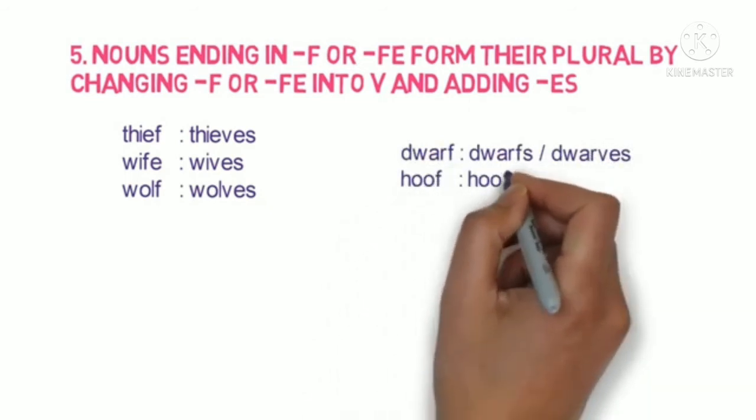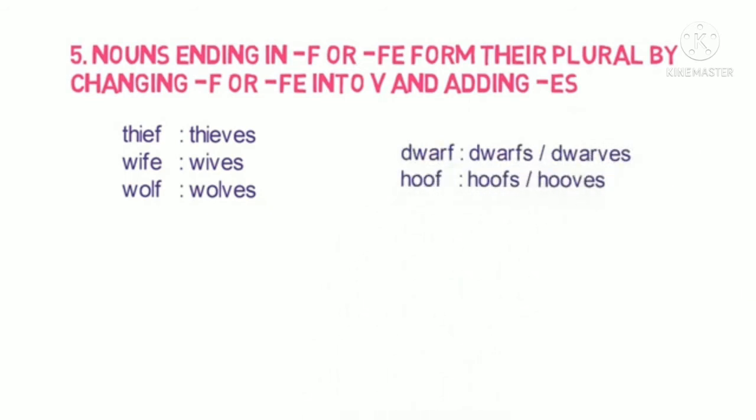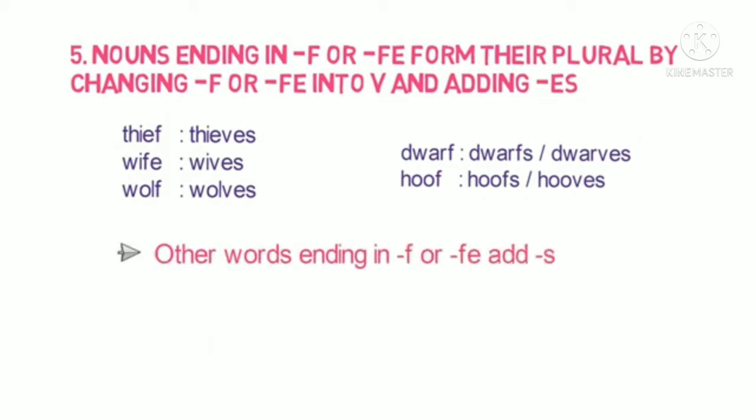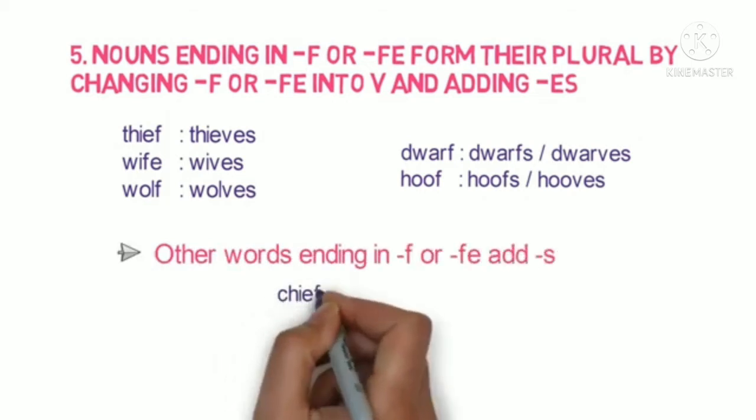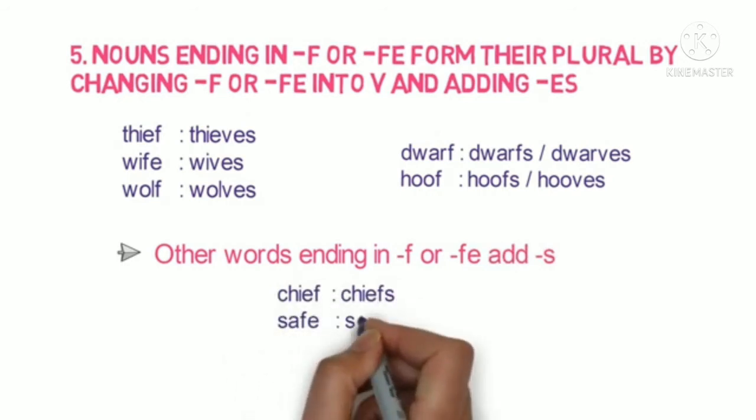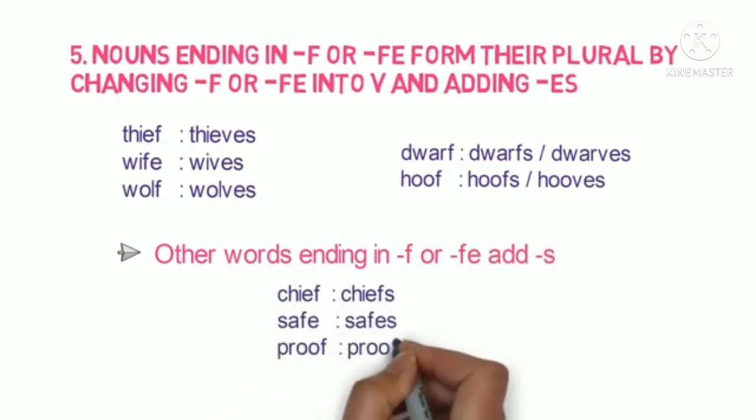So it will be dwarfs or dwarves, hoofs or hooves. Other words ending in f or fe add s. For example, chief, chiefs, safe, safes, proof, proofs.